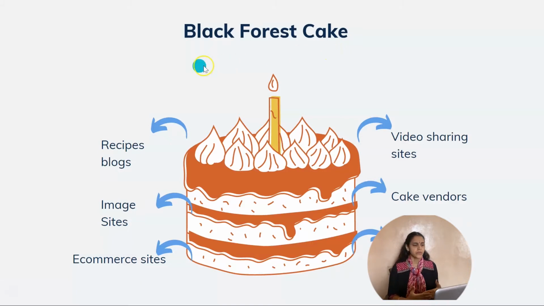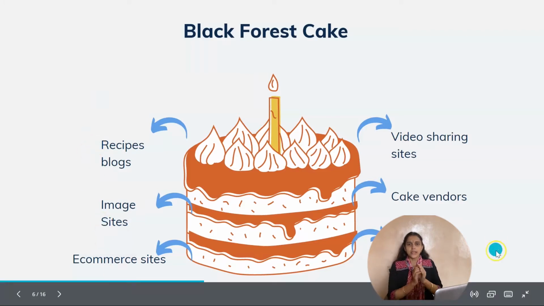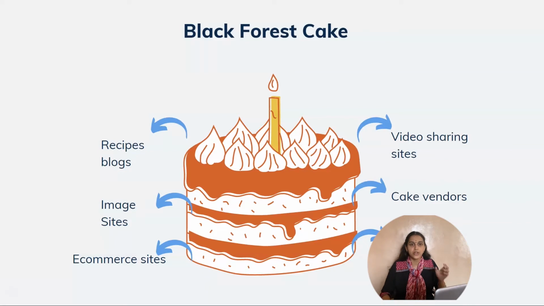And finally, the long tail version. Long tail keywords are the keywords with more than 2 or 3 terms. And these keywords are very, very specific in purpose, which means we are using them for driving a targeted audience. For example, this Black Forest cake, right?